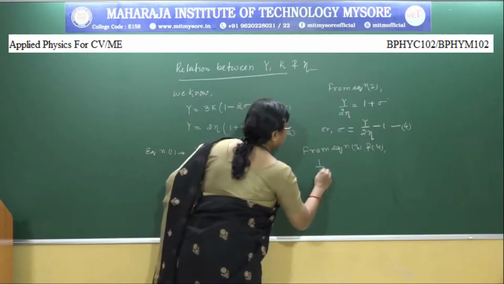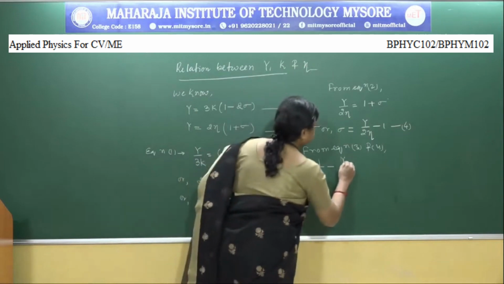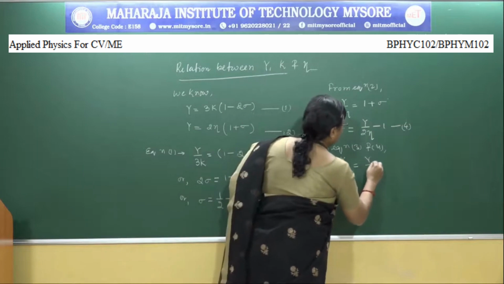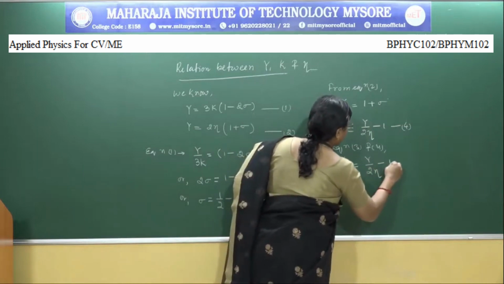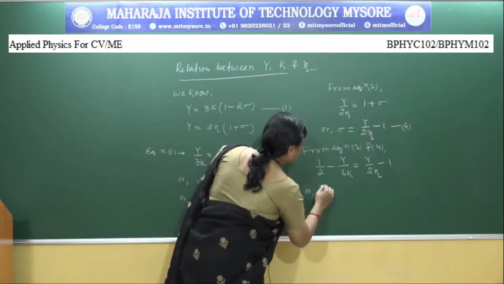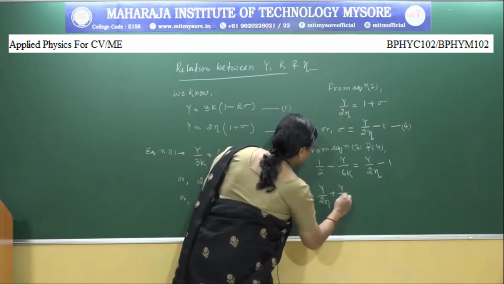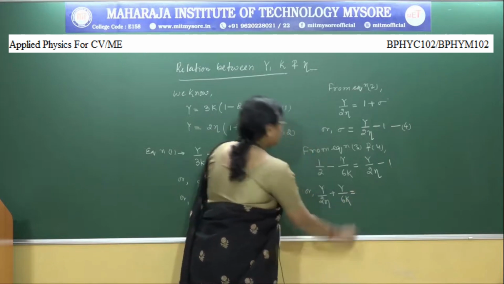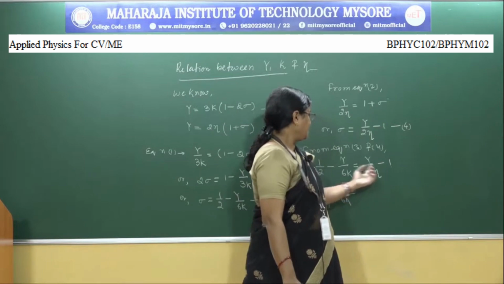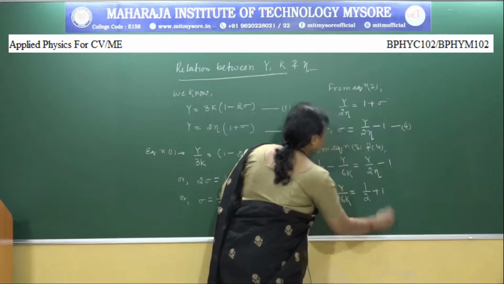1 by 2 minus Y by 6k will be equal to Y by 2 eta minus 1. Now, if we simplify further, we get Y by 2 eta plus Y by 6k. We have taken Y by 6k to the other side and 1 to the other side, so it is 1 by 2 plus 1.